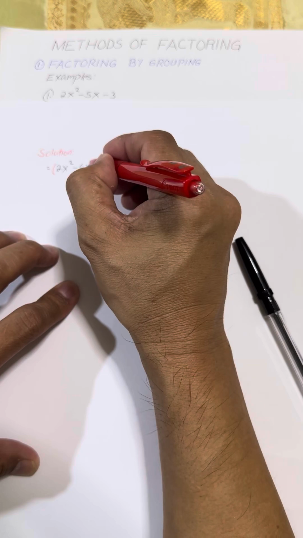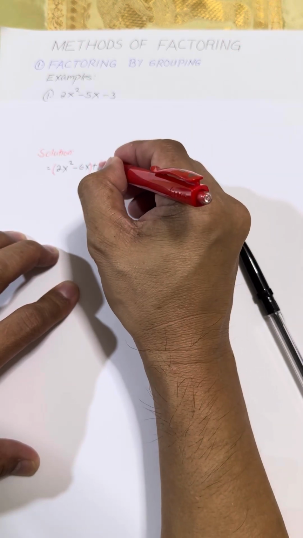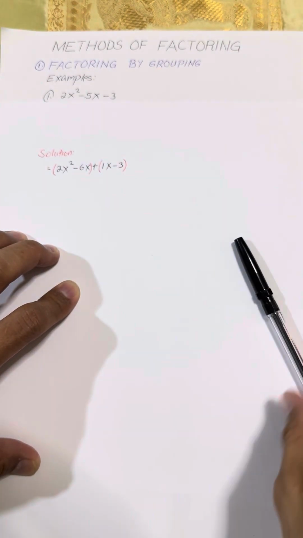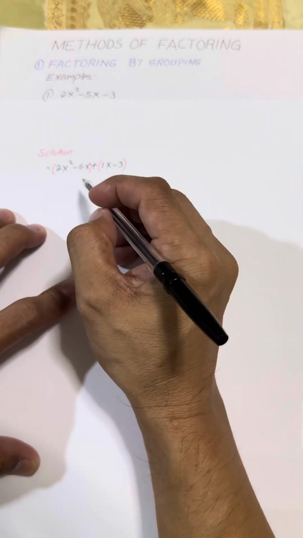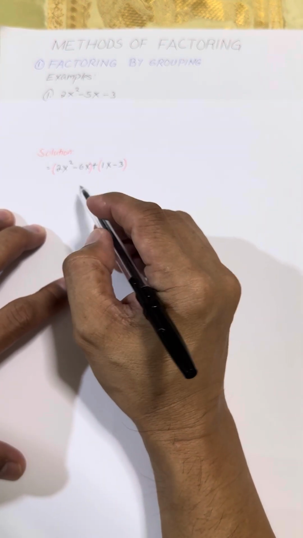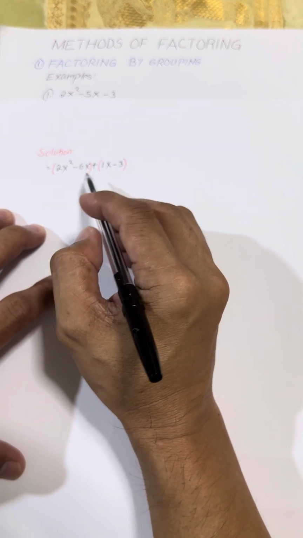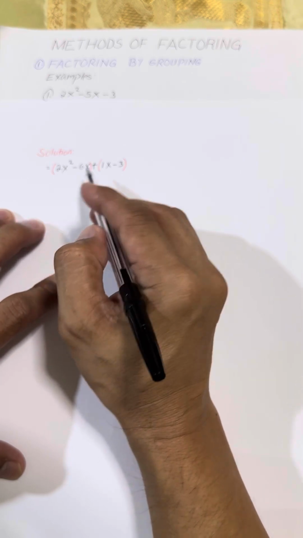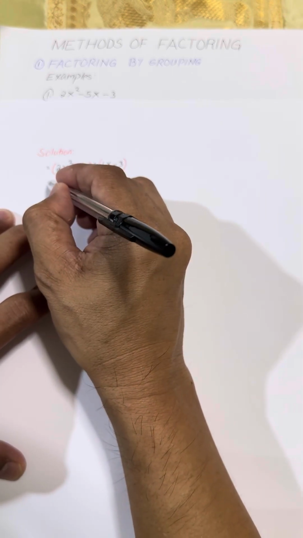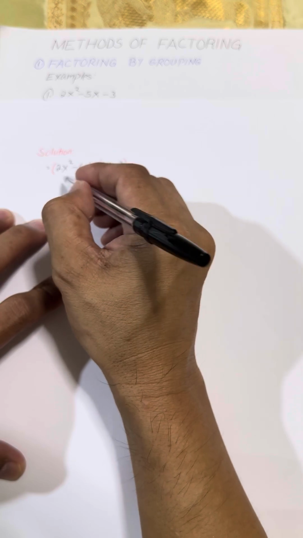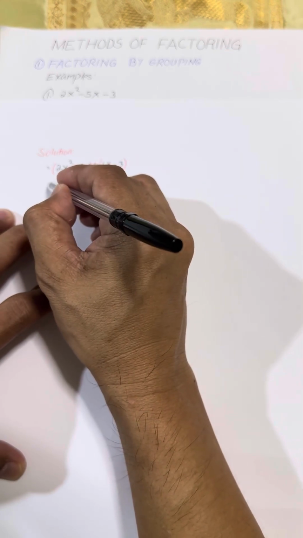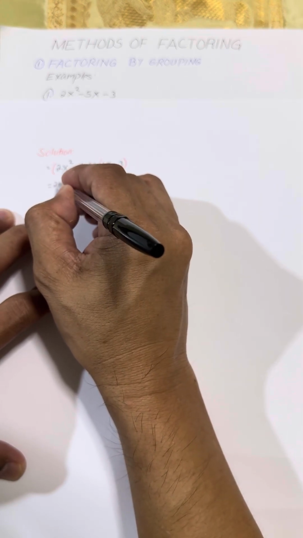We can group these two terms here, and let's group these other two terms. After that, we find the GCF, the greatest common factor of each group. For this group, the GCF is equal to 2x, right?